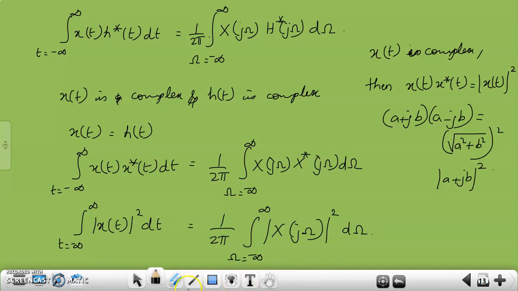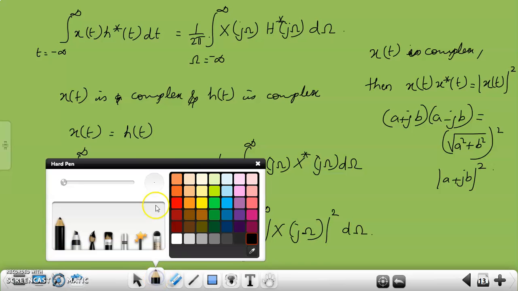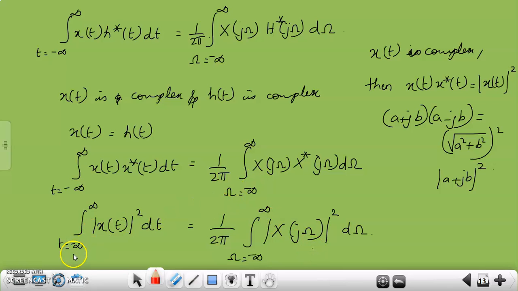So if I assume h of t is equal to x of t, then I get integral from minus infinity to infinity mod x square t dt equal to 1 by 2 pi integral over omega of mod capital X square d omega. You have already studied that this is the energy of the signal x of t in time domain, and this represents the energy of the signal in frequency domain.